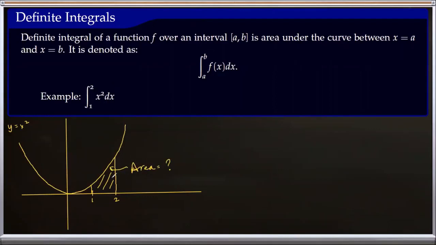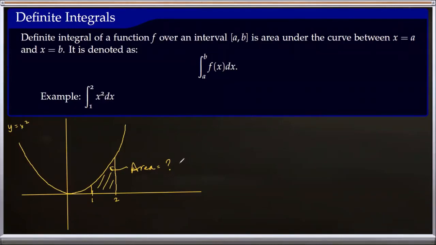If we can find the area, then that will give us the value of the definite integral. So this is not one of the nice geometric figures like triangle or rectangle or trapezoid or square. So we cannot use any of those formulas to get this area. So this will be a little bit more complicated than the previous examples.